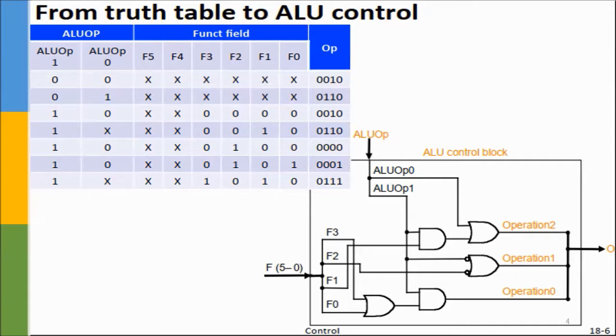Since the truth table is very large, approximately 8192 entries, and we do not care about the values of the ALU control for many of these input combinations, we are interested only in the truth table entries for which the ALU control must have a specific value.